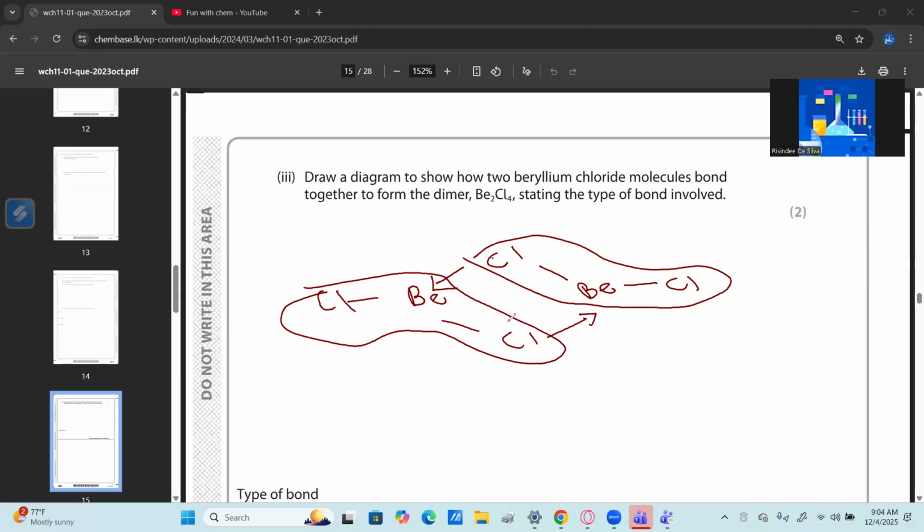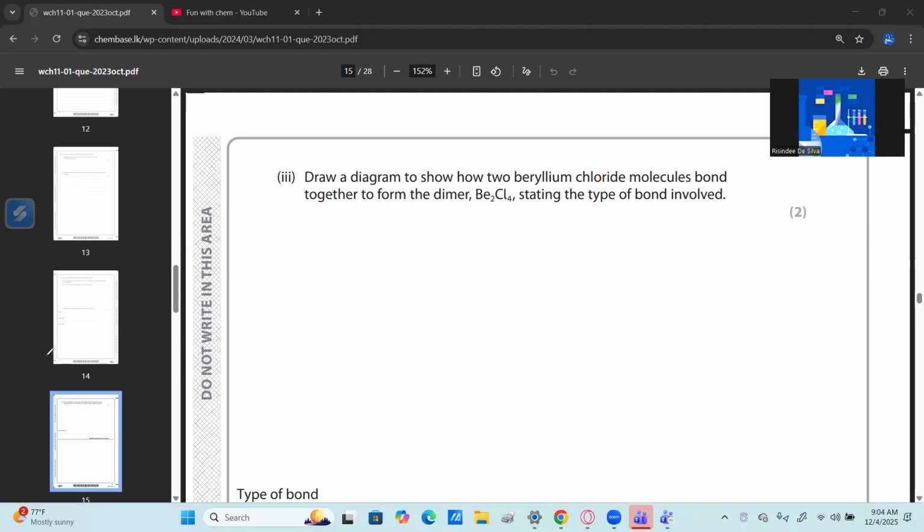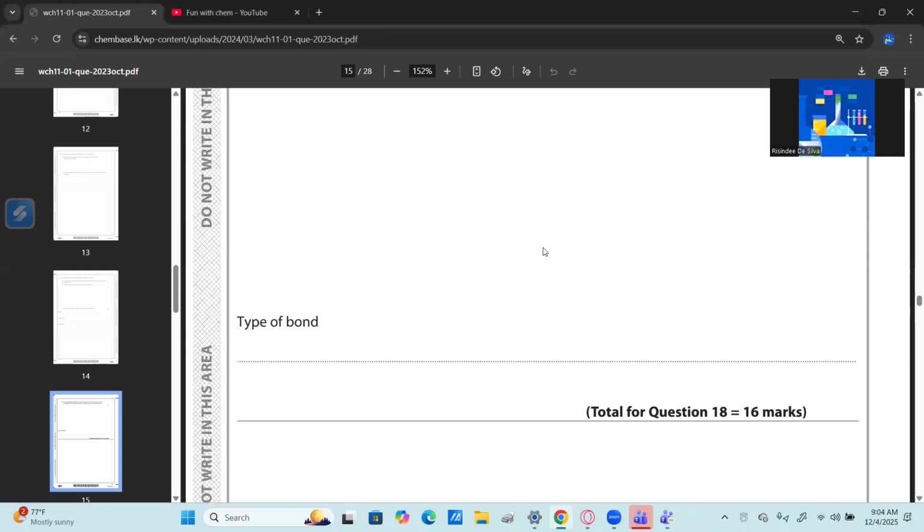So this is the only way we can draw to show it. Type of bond is dative covalent bond where the lone pair on chlorine is given to the electron deficient beryllium.